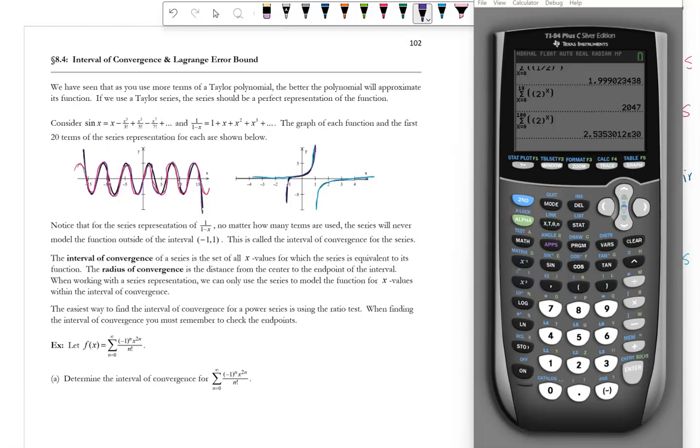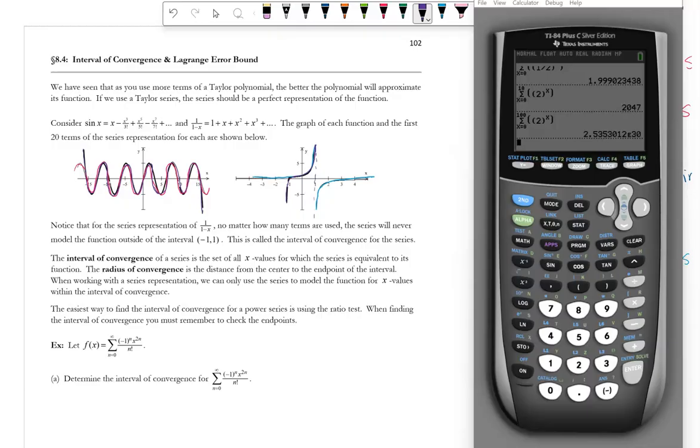If we were to use more terms, it wouldn't get any better because our original function has an asymptote, and there is no way that we could get a polynomial function to look like a function with an asymptote. There's no way to get it to jump to the other side of that asymptote at x equals 1. So these two functions are only going to be equal to each other for certain x values.